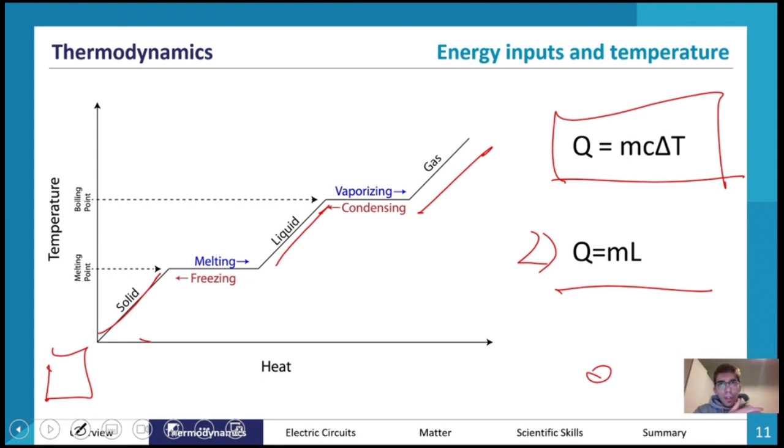Now, while we melt the ice cube, let's say we have it in a room at 5 degrees Celsius, given a certain mass of the ice cube, let's say 1 kilogram, and given the specific heat capacity of the ice cube, for each unit change in the temperature of the ice cube, not the room temperature, but the temperature of the ice cube, that is what this change in temperature is about.